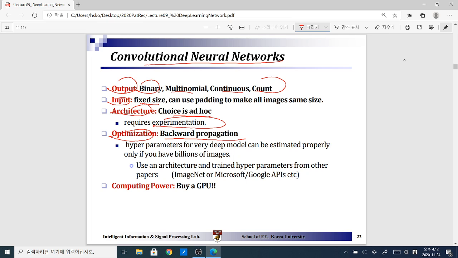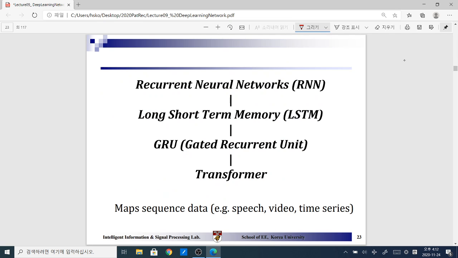So it would be much better to use a graphic processing unit or GPU to make it much simpler, because of this parallel connection type of architecture that the convolution neural net has. Okay, so that was about CNN.